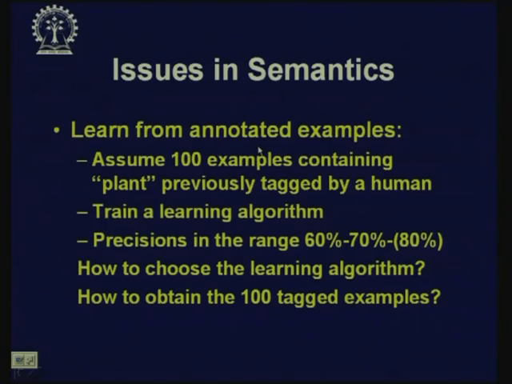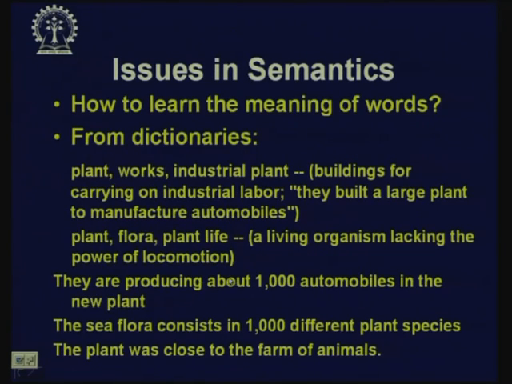There are several issues which are involved and it is rather complex. One approach, as I said, which is very popular nowadays, is the statistical approach. There we start with a set of examples which are annotated. That means, in a sentence like this, they are producing about 1000 automobiles in the new plant.